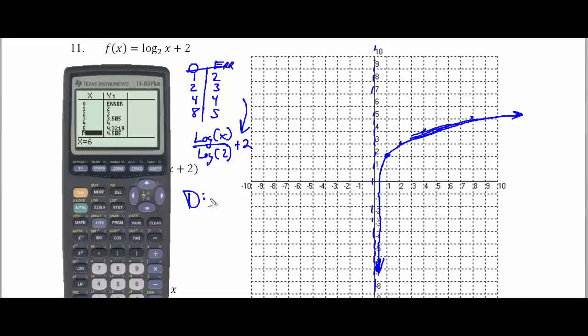So that means my domain is set up where x cannot be negative or touch 0, so x has to be greater than 0. And our range is all real numbers. So that +2 in the problem shifted the graph vertically 2 units up, but that doesn't affect the range, which is all real numbers. It also doesn't affect the domain, which again stayed at that dotted line.